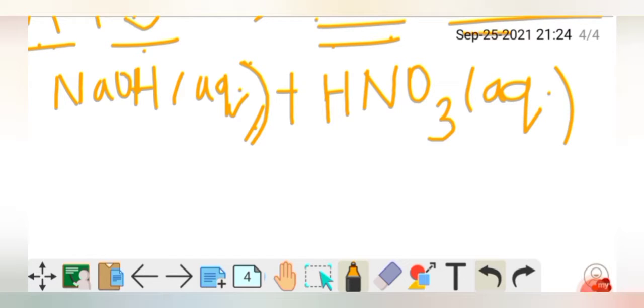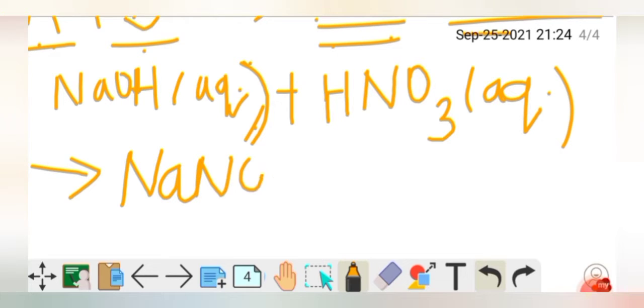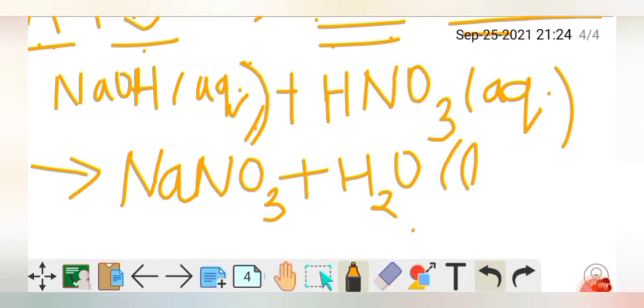It forms sodium nitrate and water. Sodium nitrate, that is NaNO3, plus water, H2O. It is in liquid state and the other is in aqueous state. So you should never forget to mention both.